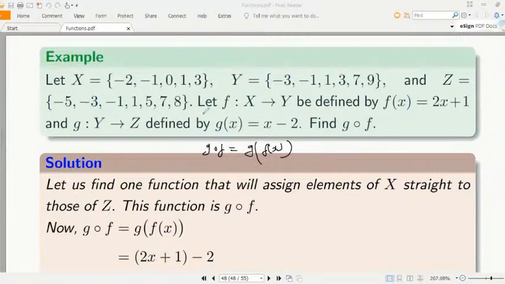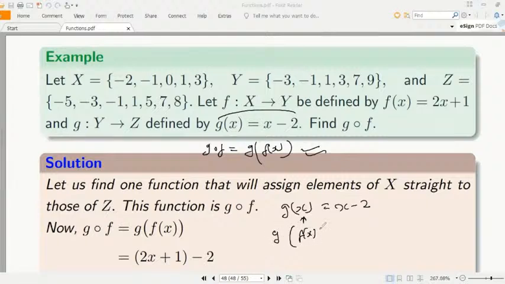Remember that this is our g. This is our g of x, and it equals x minus 1. So what this definition means is that while there is x here, instead of x, write f of x. And if you understand it that way, then it becomes great. Instead of x, write f of x.